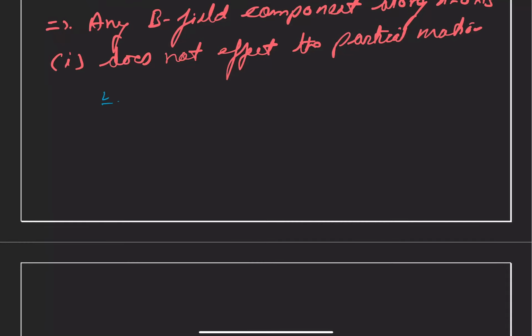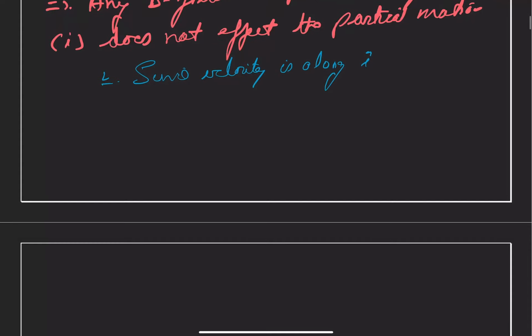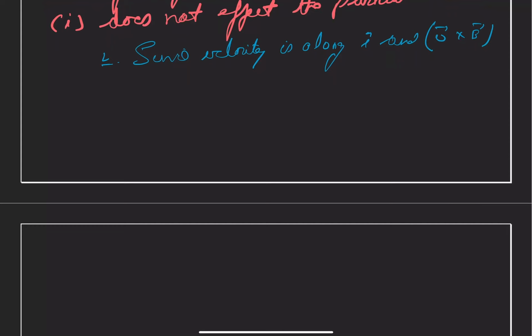Since velocity is along i vector, our v cross B would be 0 for a component along the x-axis.